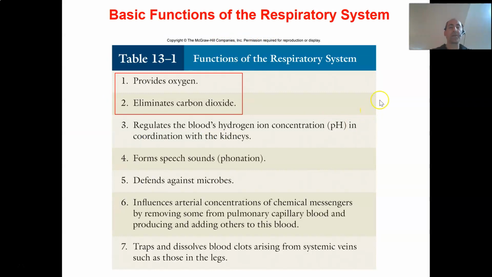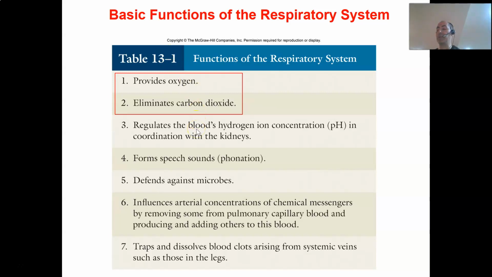Basic functions of the respiratory system. Most or all of you know that it provides oxygen. When you breathe in, the most important gas that comes in is oxygen. And when you breathe out, you eliminate carbon dioxide, CO2. The respiratory system functions to regulate the blood hydrogen ion concentration, or the hydronium concentration, or the pH, in coordination with the kidneys.